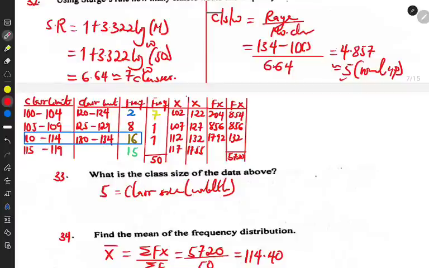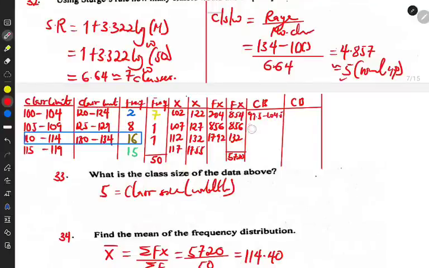So we want to have our column for class boundary. So we'll have our first column for class boundary, and then another column for class boundary to represent the next class's value that we have. So we flow. So the class boundary of 100 to 104 is supposed to get what? 99.5 to 104.5.